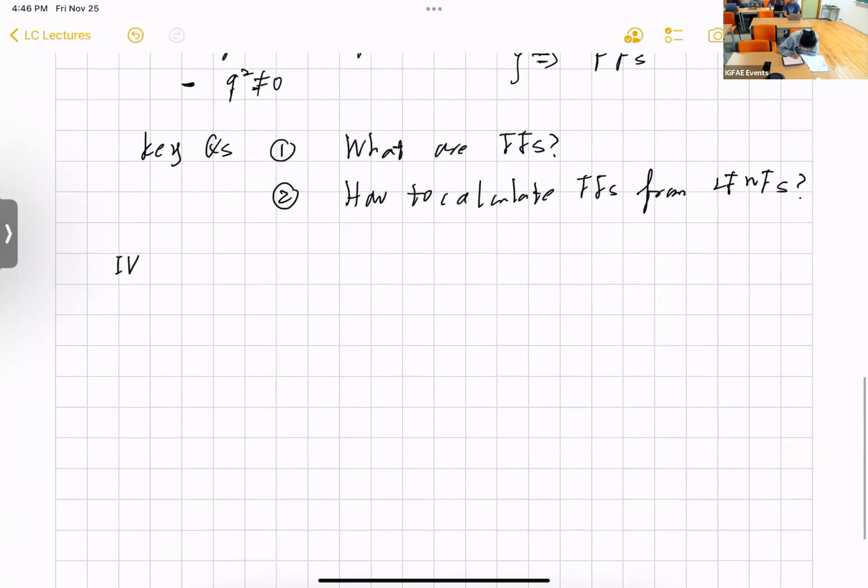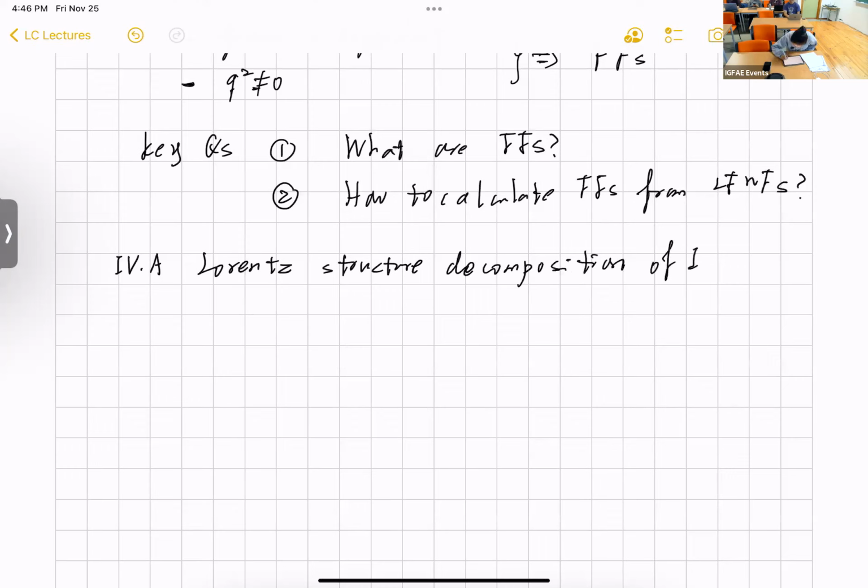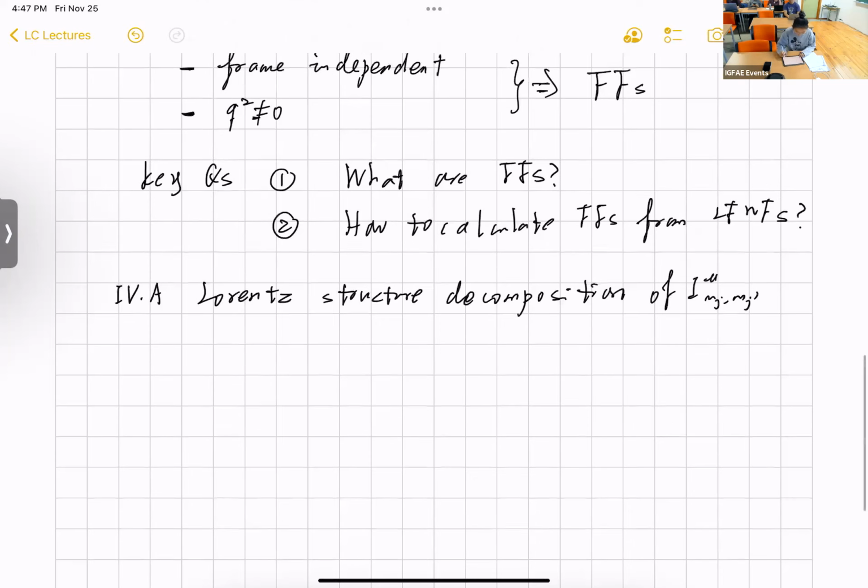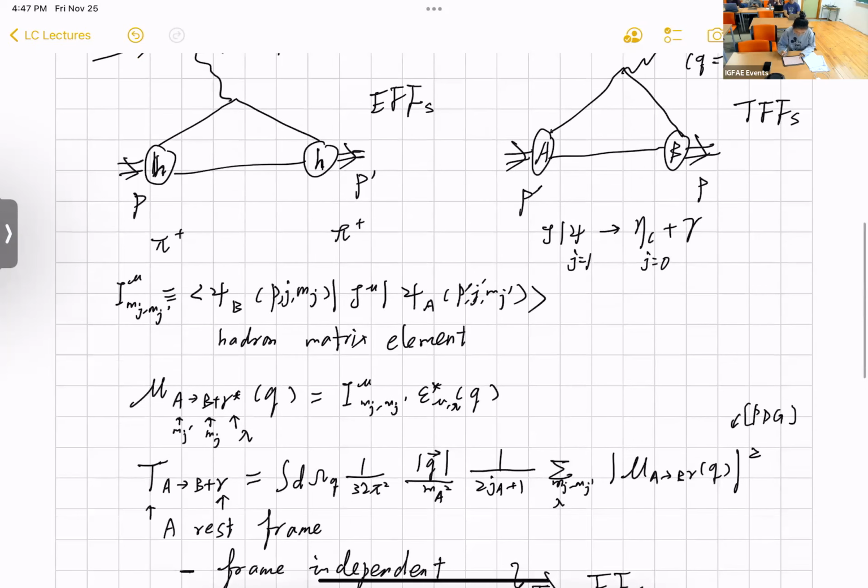First, to see what a form factor is, we need to do something called Lorentz structure decomposition of the hadron matrix element. So this I^μ is what is defined here.